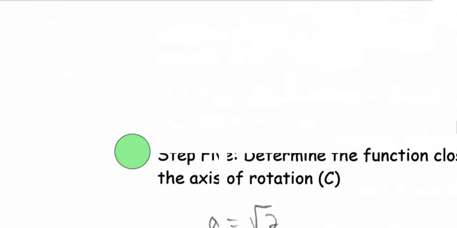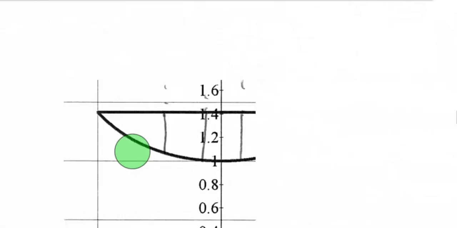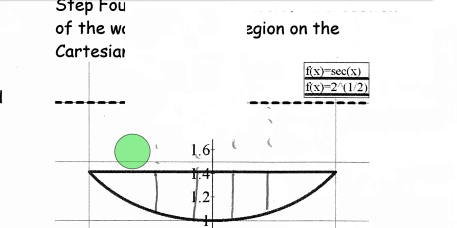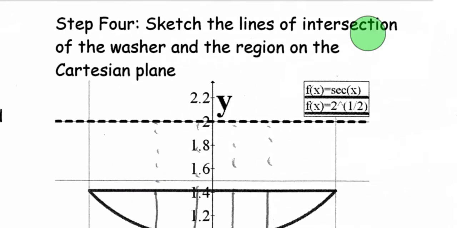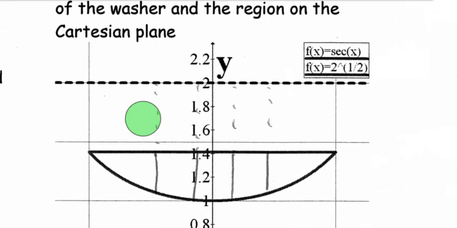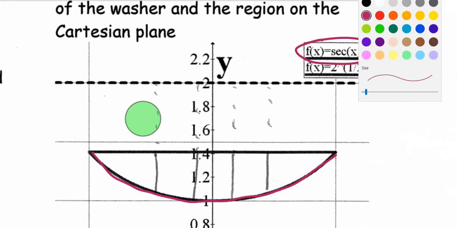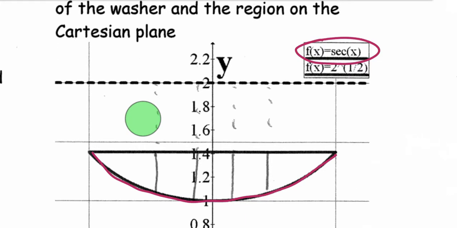This leads us to sketching our graph with the washers drawn into the graph. So basically we're drawing the intersections of our washers and the region on the Cartesian plane. We'll go ahead and label this down here and color it in. This is our f of x equals secant of x. Our next region I will make a light green.